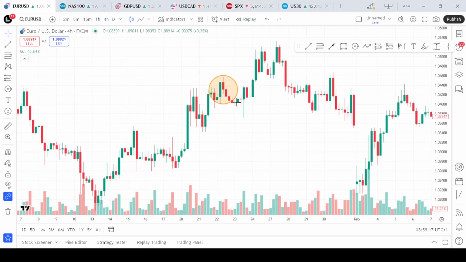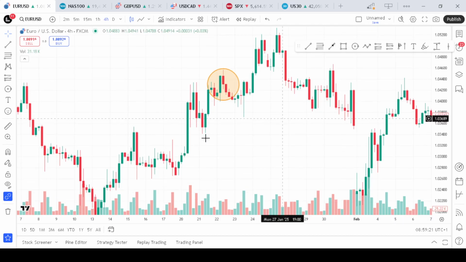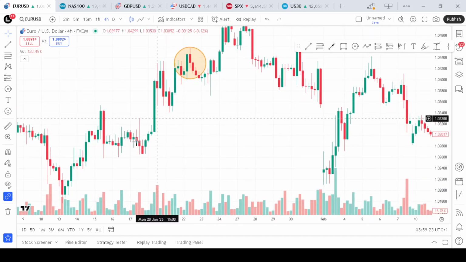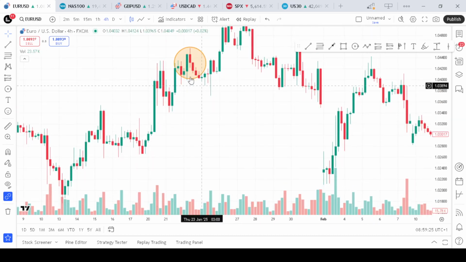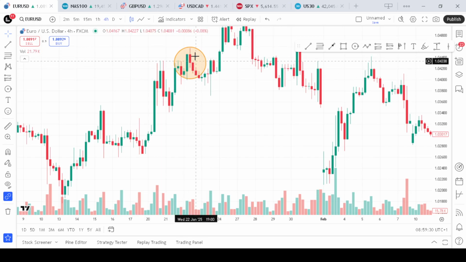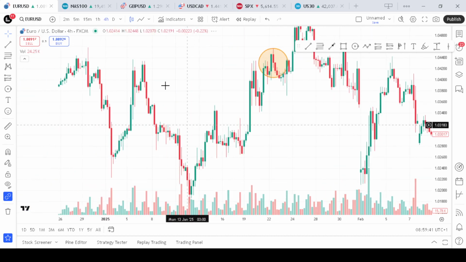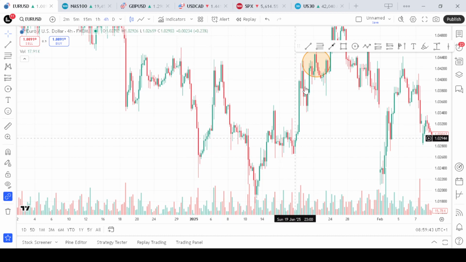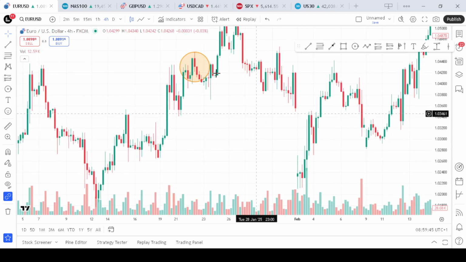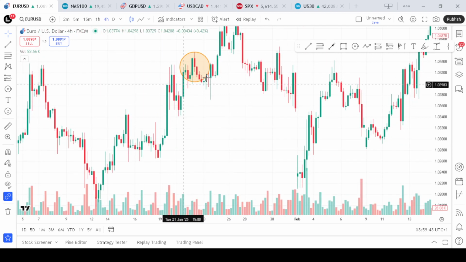Now, if we look at this part I marked out on my chart, we can see the pattern was forming during this uptrend. We saw that the market was trending to the upside in this area. We saw our strong bullish candle, and we saw our bearish candle that closed below the midway point of the first candle. But if we did not wait for this pattern to complete, or confirm other criteria like being in a sustained bullish trend, we would end up taking a loss in this trade.